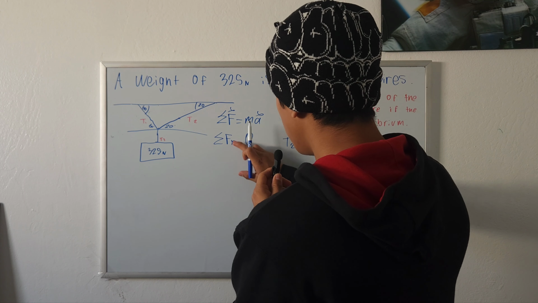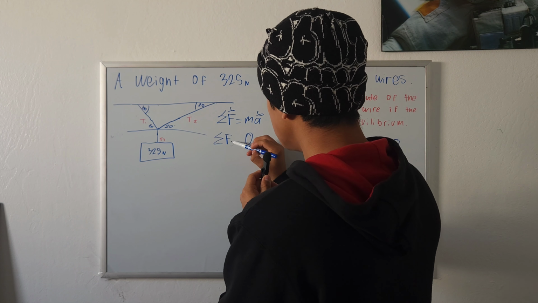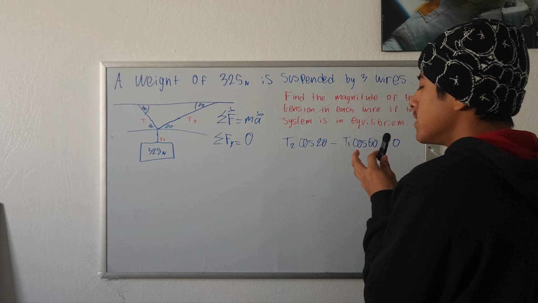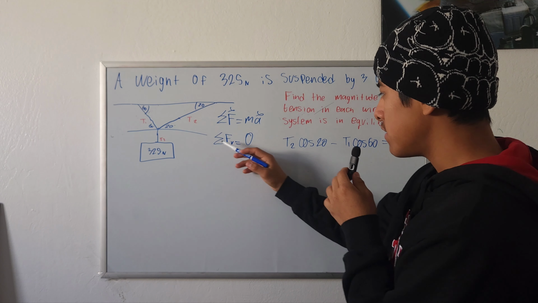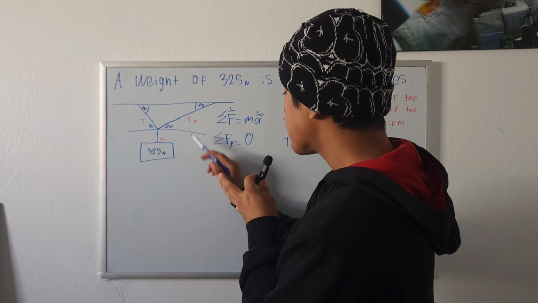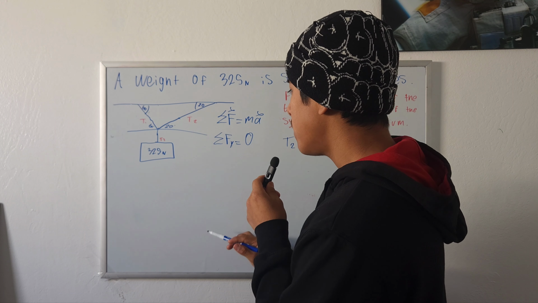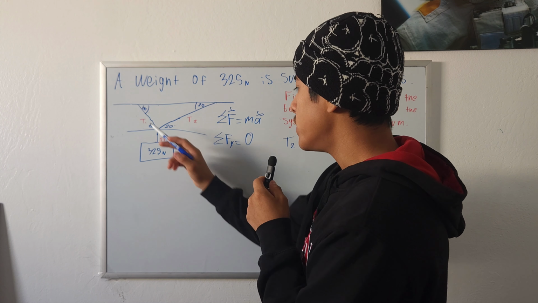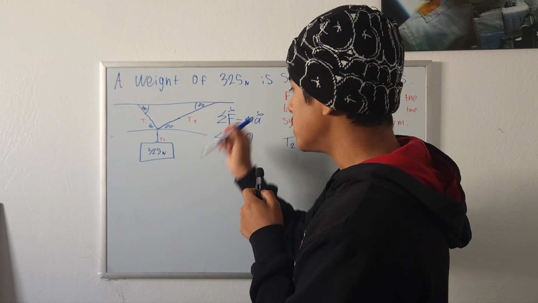Now I'm going to go on and do the sum of all the forces in the y. And again, this object is in equilibrium, so it's not going to be accelerating, so they're going to be equal to 0. And in this case, all of these are working in the y direction. However, T2 and T1 are pulling up while T3 is pulling down.